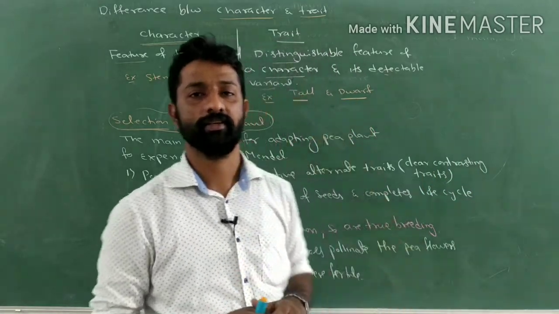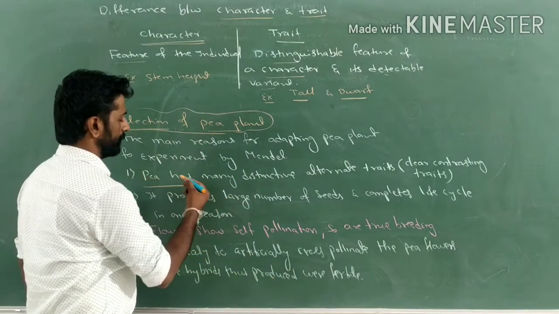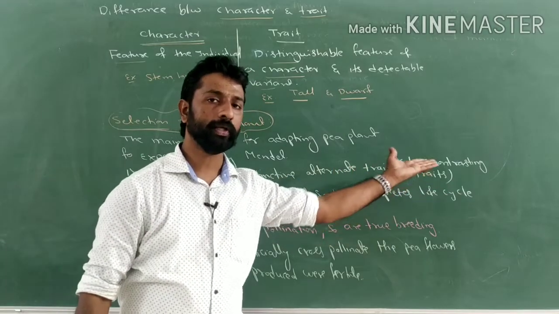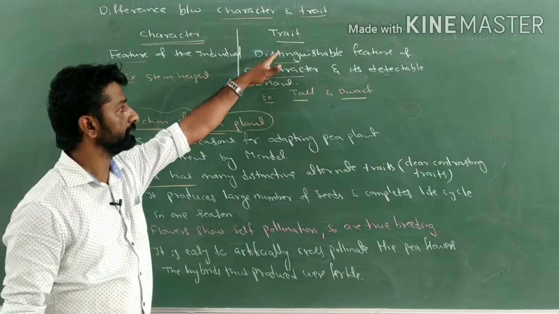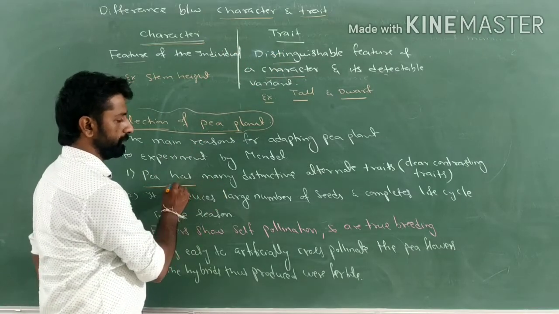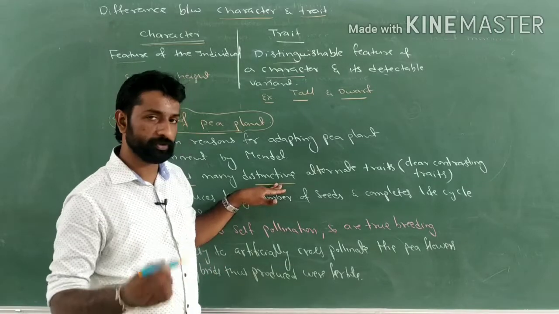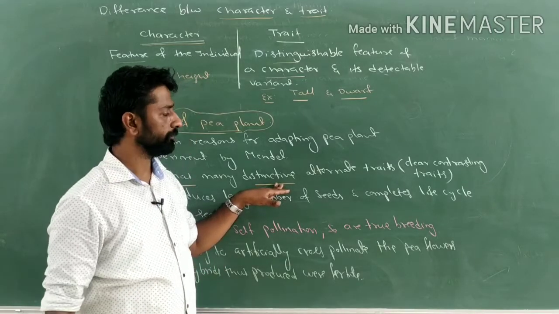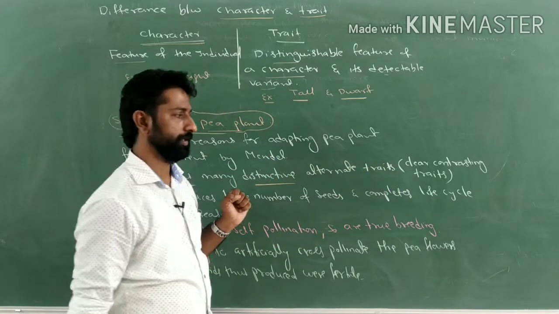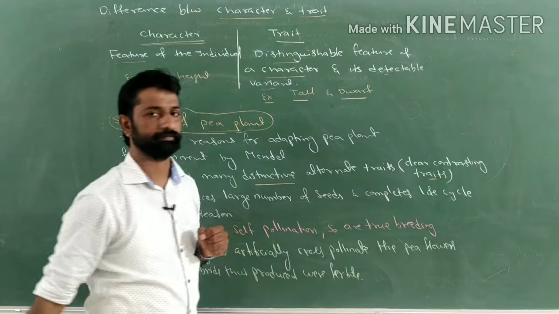The reasons why Mendel selected the pea plant: the pea plant has many distinctive alternate traits. Just now we got the meaning of trait, right? Such alternate traits are present in more number, and distinctive alternate traits are nothing but clear contrasting traits.